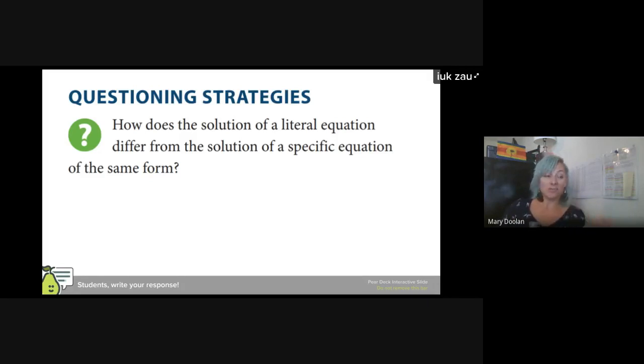If it's a specific equation, let's say we have values substituted in for all but one of the variables. That's what that would mean. How does the solution of a literal equation differ from the solution of a specific equation of the same form?